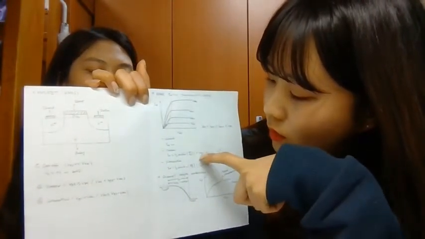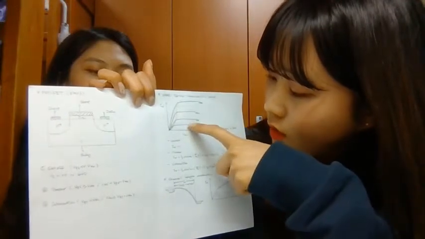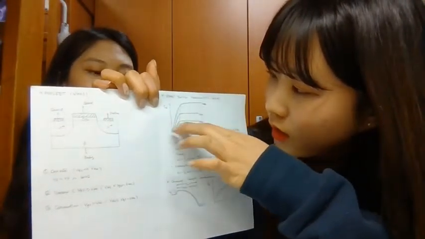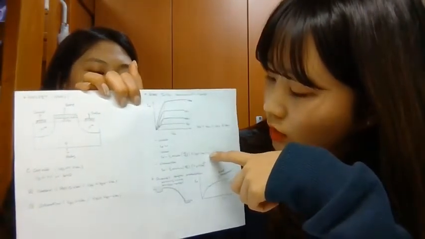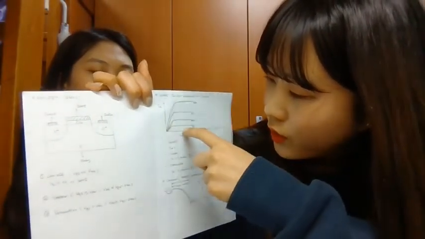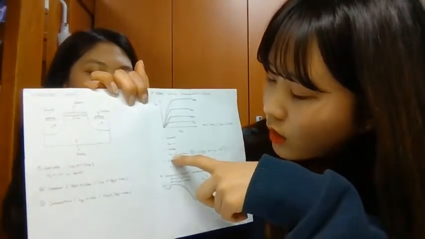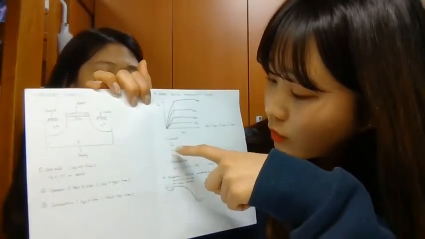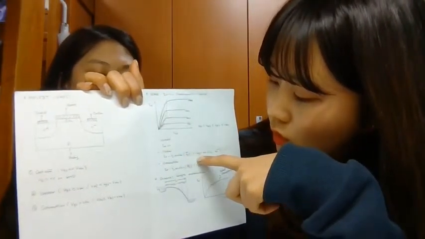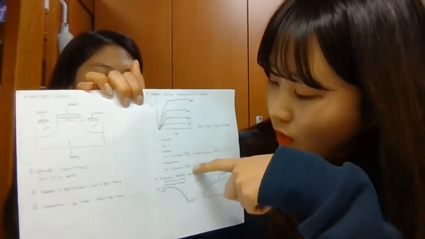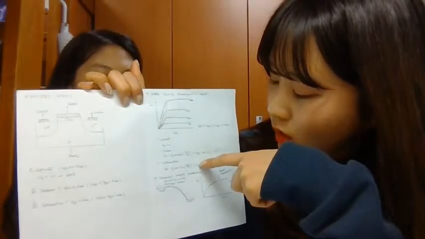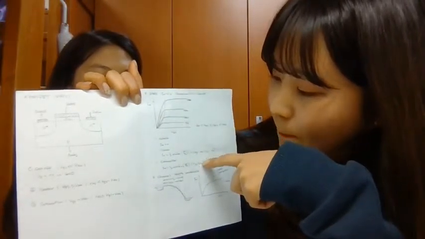When gate source voltage is increased, then drain current will go up, and also when drain source voltage is increased, drain current will be increased too.